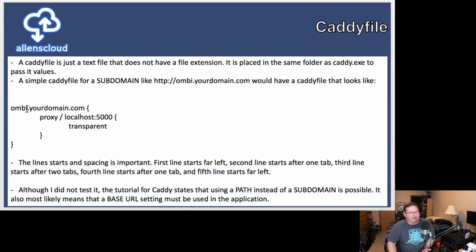So instead of a subdomain up here, it would be yourdomain.com/Ombi, and that's a lot cleaner, and that's what I ended up doing with my Univention Corporate Server. But let's move on to what did work for me in the Univention Corporate Server.